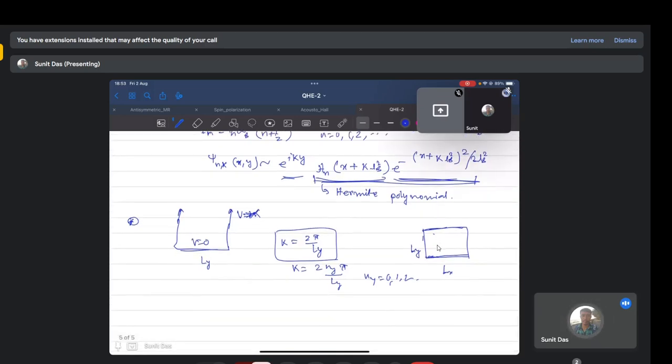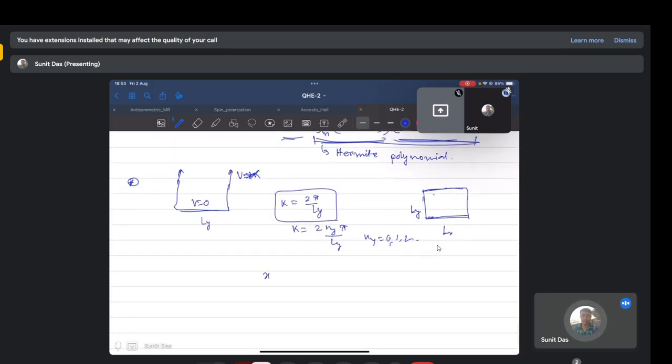And these Hermite polynomials, or harmonic oscillator wave functions, are centered around x plus k l_B squared, right?